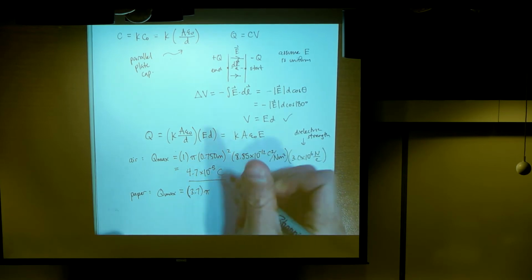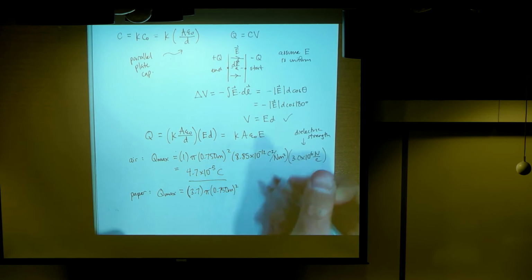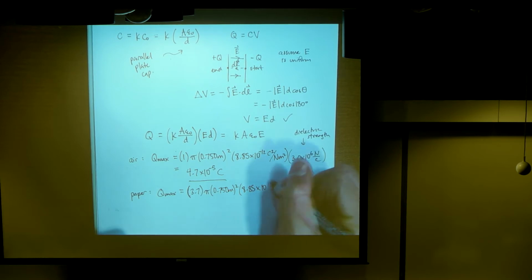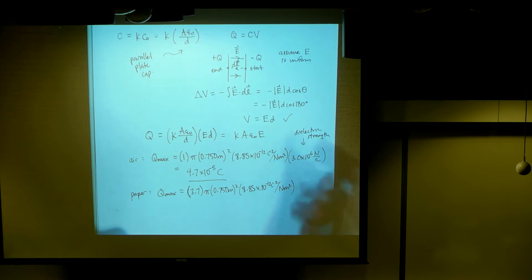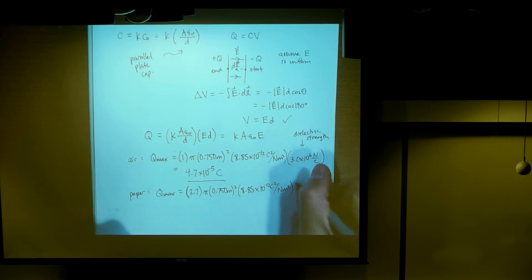The area stays the same, so that's pi times 0.75 meters squared. Epsilon naught stays the same, 8.85 times 10 to the minus 12 coulombs squared over newton meters squared. And then the dielectric strength, that was 15 times 10 to the 6 newtons per coulomb for paper.